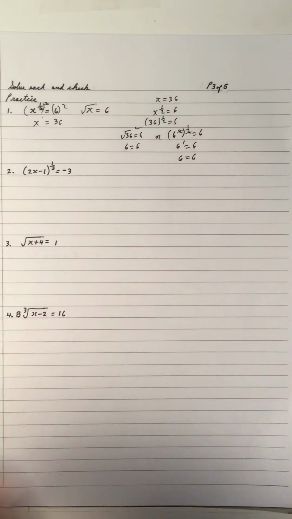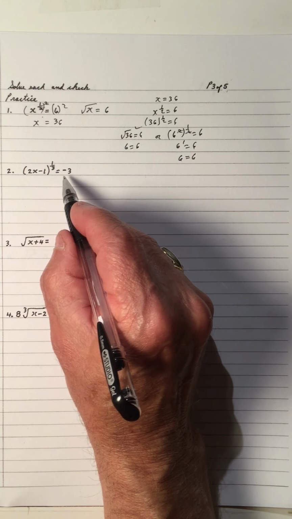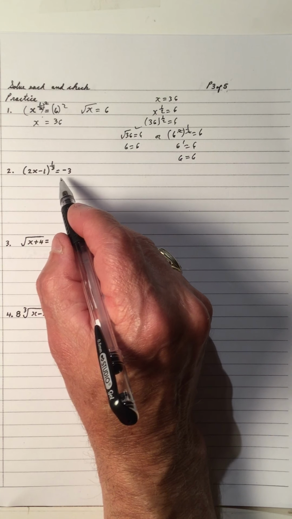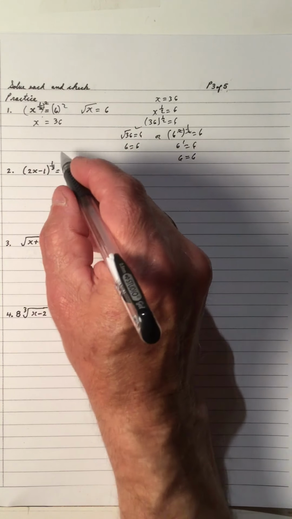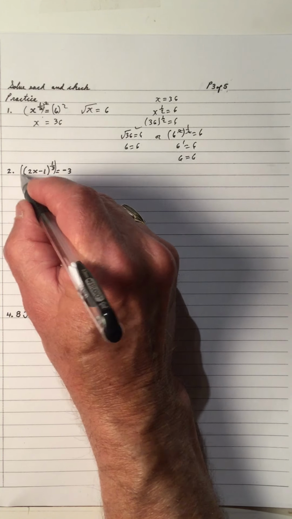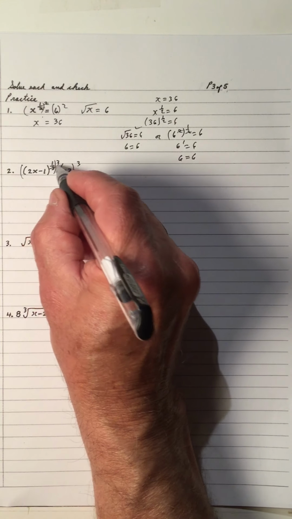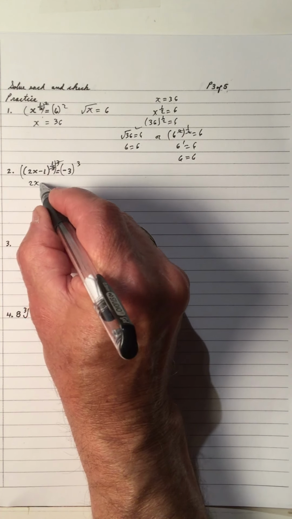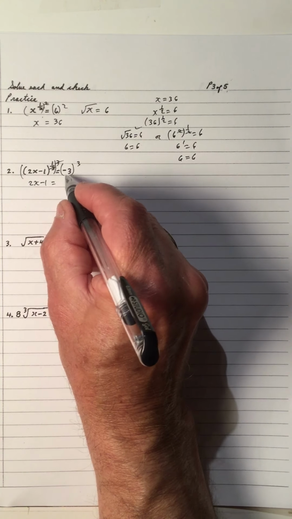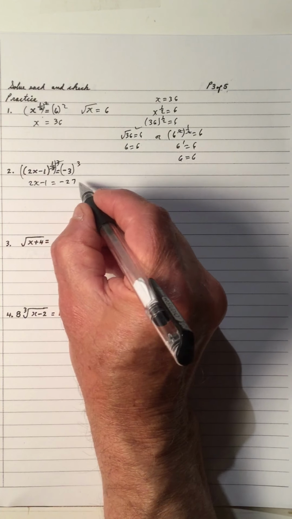Either or. Number 2, again, don't forget to pause the video and work these out beforehand to see if you know what you're doing. And this is a 1/3 power, so we'll cube. And we'll cube. So we cube, they cancel out, so I get 2x minus 1 equals negative 3 cubed, which is negative 27.